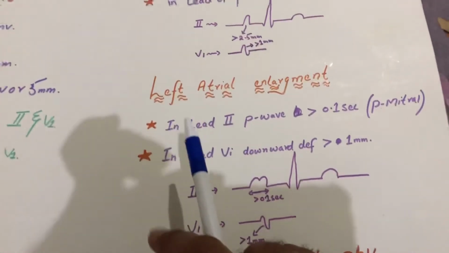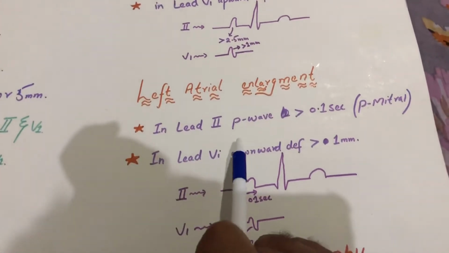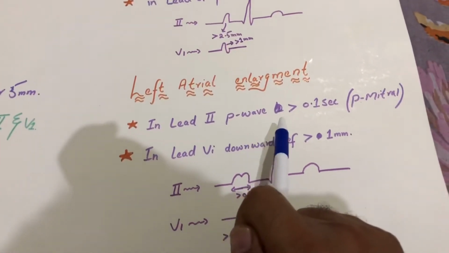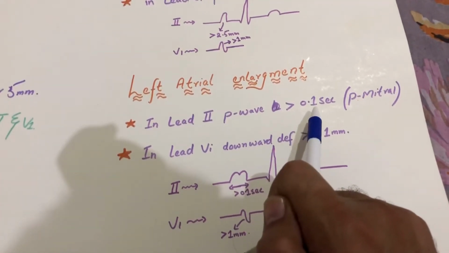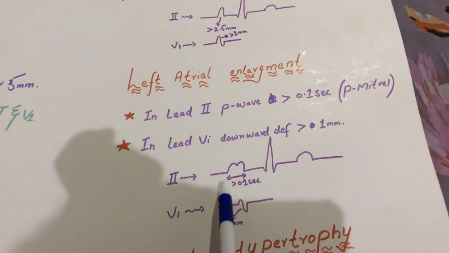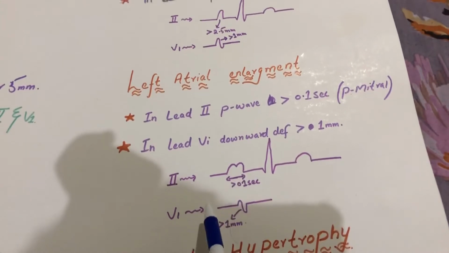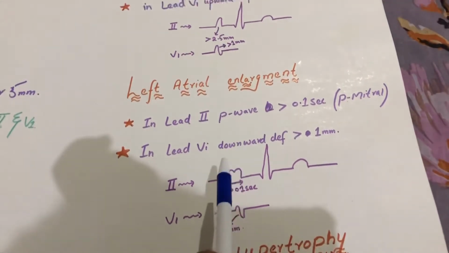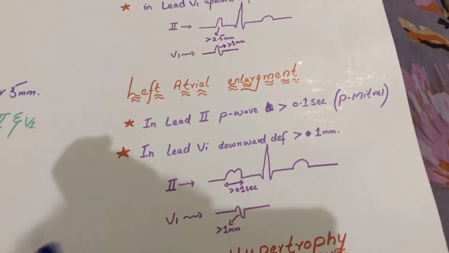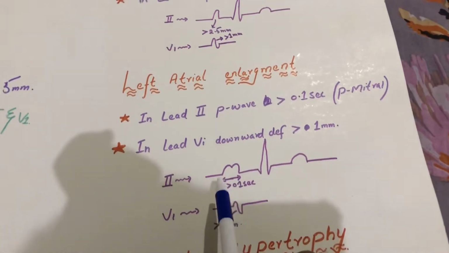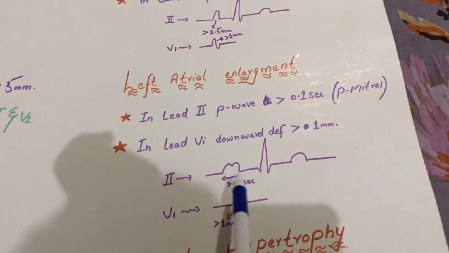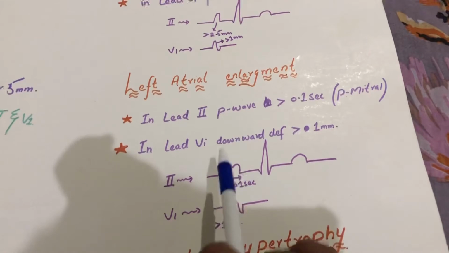Come to the left atrial enlargement. In lead number 2, if the P wave is greater than 0.1 second, meaning greater than 2.5 small boxes. And we have discussed a few seconds ago that left atrial enlargement will be horizontal, not vertical.